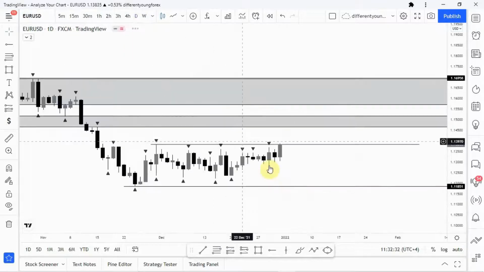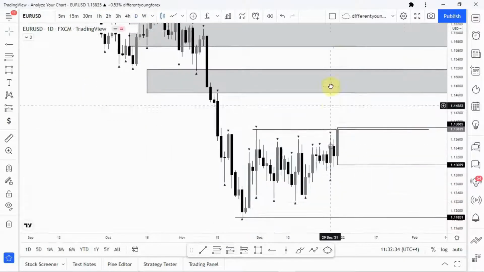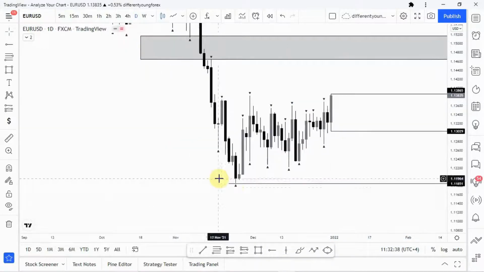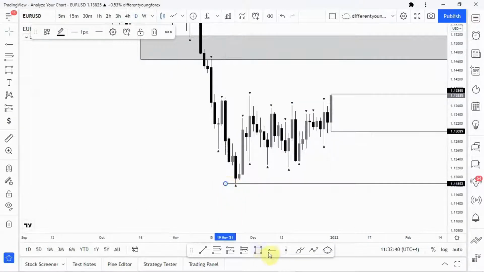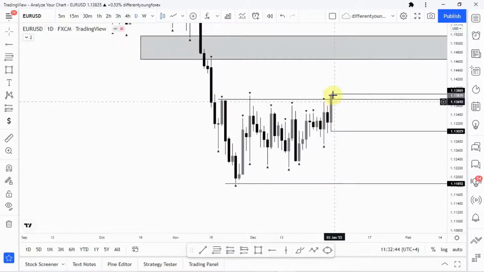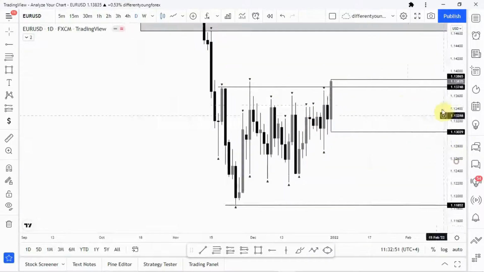And if you go to the daily, as you can see, we can close this one. The daily low was right here, and the high was here, which has been closed above. As you can see, this candle closed above this high, which means the daily flow has shifted from bearish to bullish.